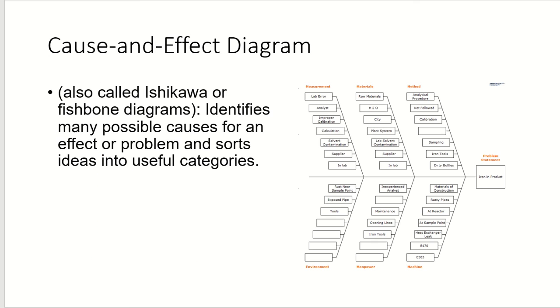Cause and effect diagram, also called the Ishikawa diagram or the fishbone diagram. You can build this in identifying the causes. Ang nakikita natin, sinasabi nating problema, actually effect lang yon. Through the Ishikawa diagram, by clustering your resources, ito yung mga resources natin: measurement, materials, method, environment, manpower, machine, you'll be able to identify the causes.